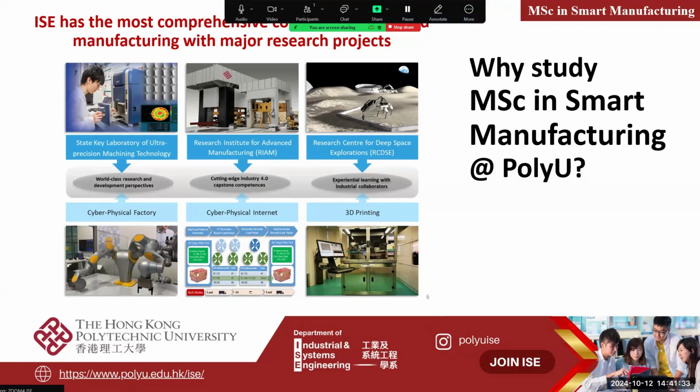We also have the research center for deep space exploration, led by Professor Yun. This is why we can develop the grab machines for moon exploration.